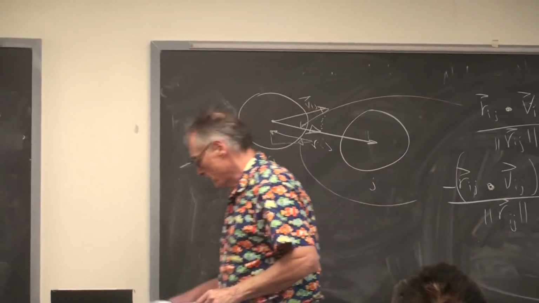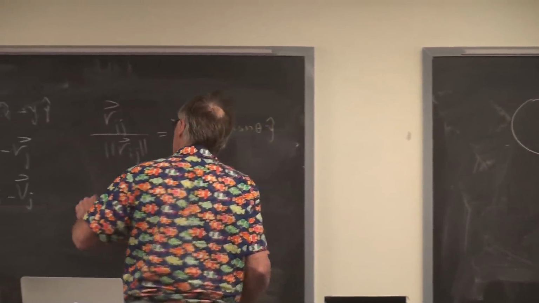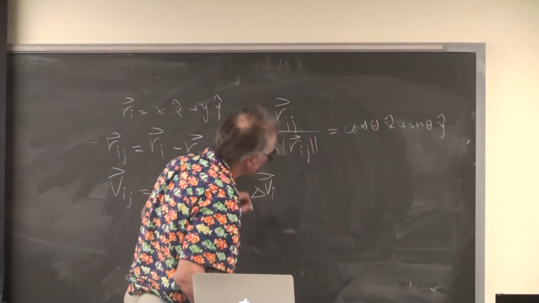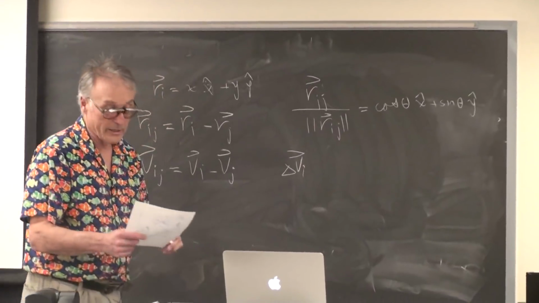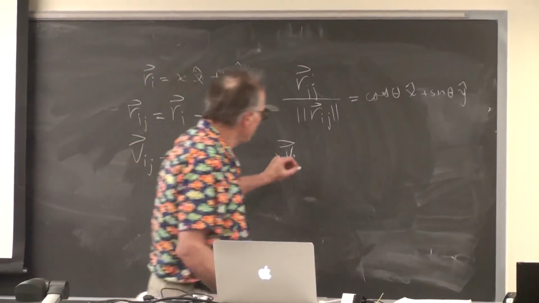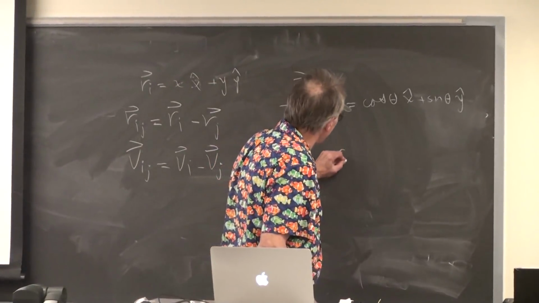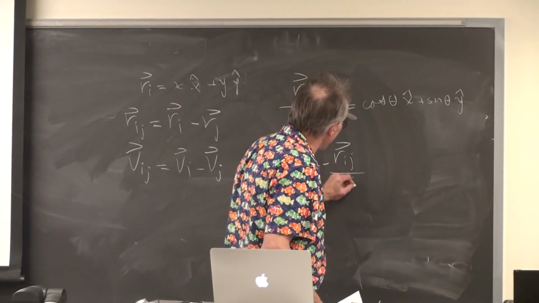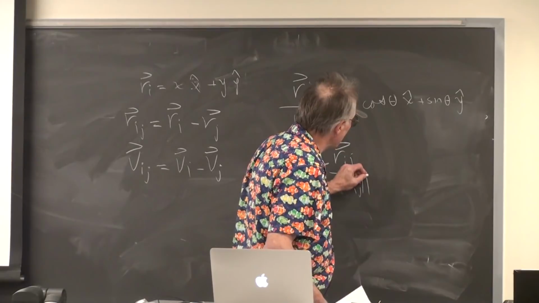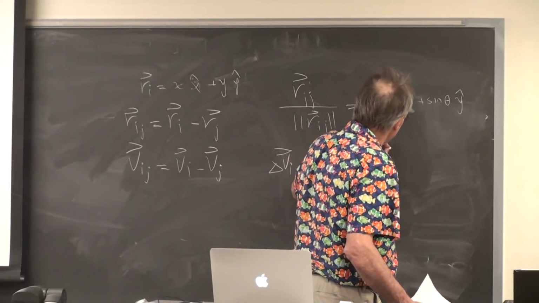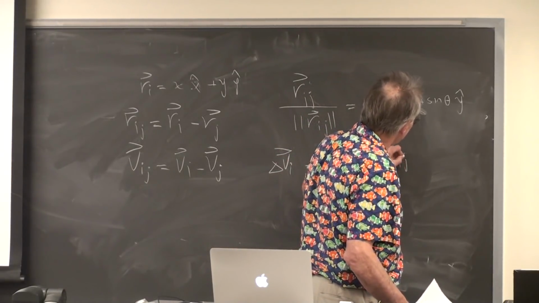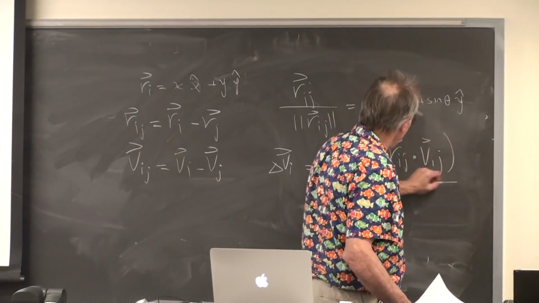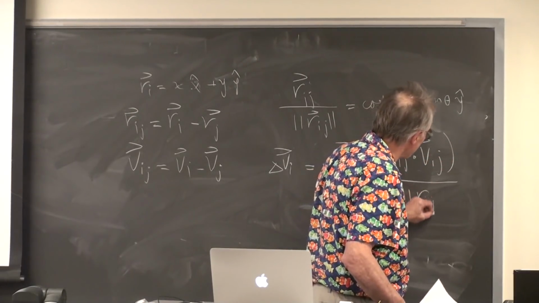So then delta V for ball I is equal to minus Rij over the magnitude of Rij times the dot product of Rij times Vij over the magnitude of Rij.